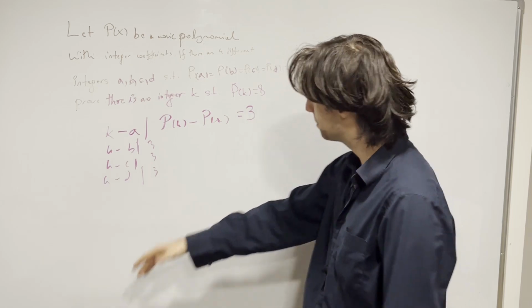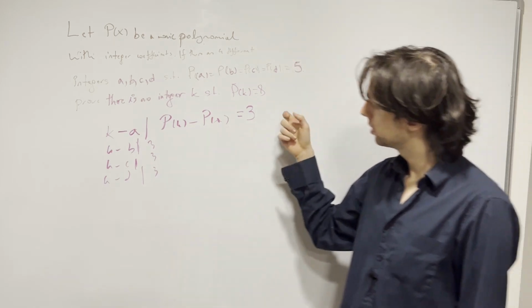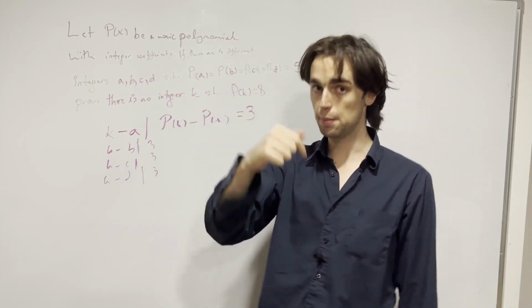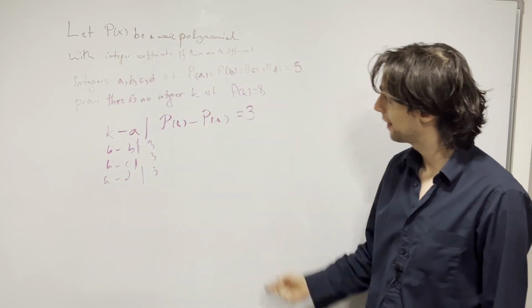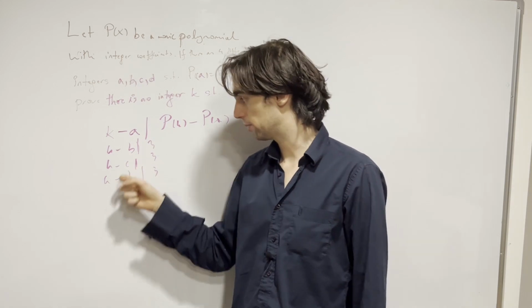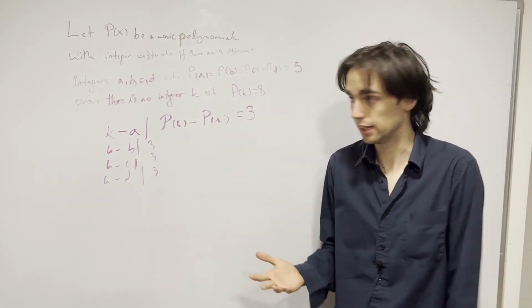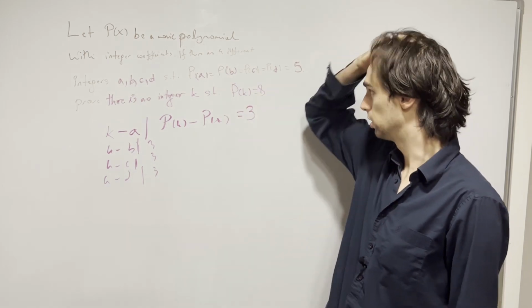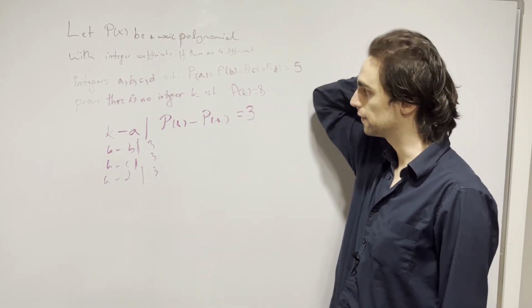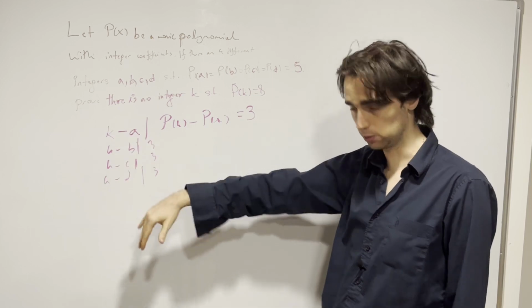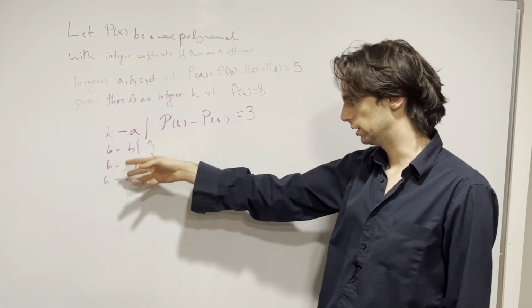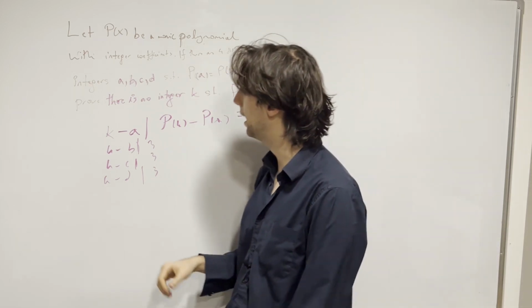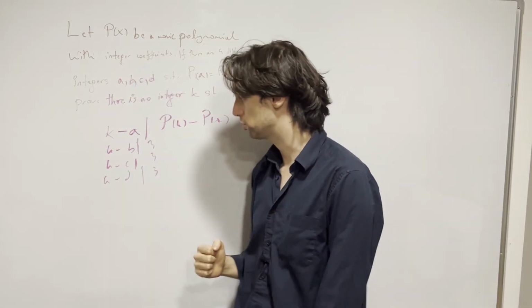And here's the next step. So 3 is divisible by what? It's divisible by 3, by 1, by minus 1, and minus 3. If any two here were equal, then we would have that a is equal to b, say, or a is equal to c, or a is equal to d, which would contradict them being different integers.